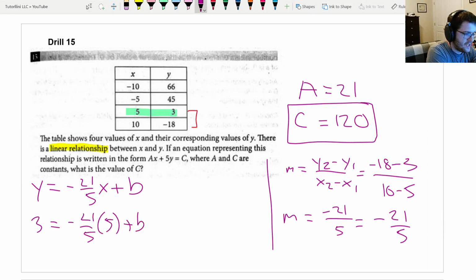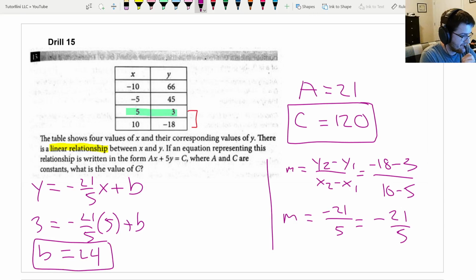So we get 3 equals negative 21 plus b. So b equals 24, I hope. I think that's right. Great. Okay, so the equation is negative 21/5 x plus 24.